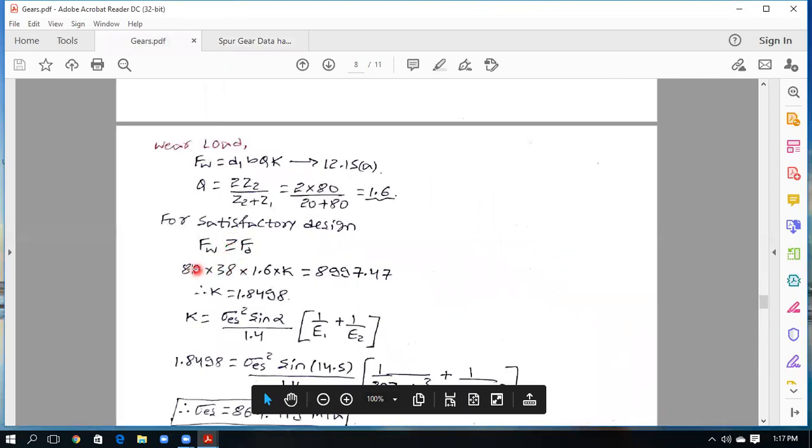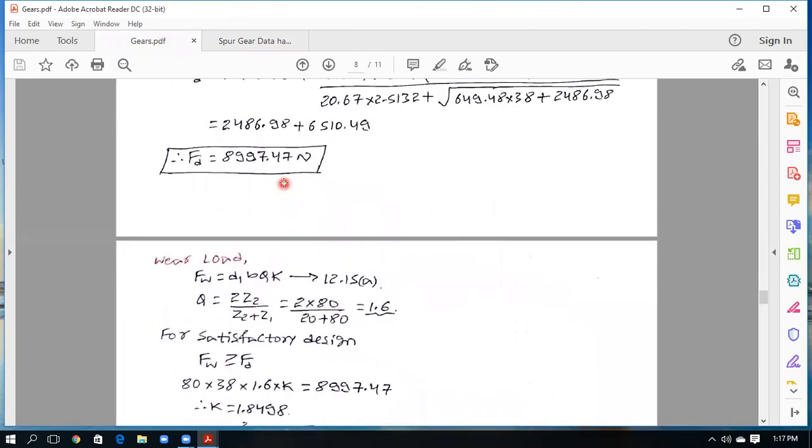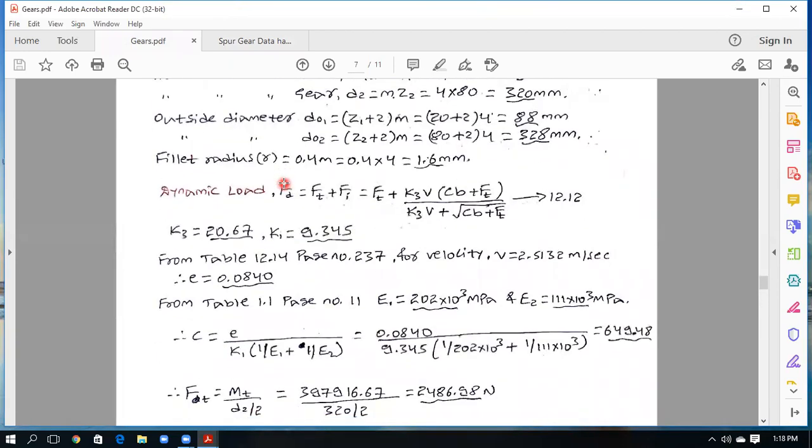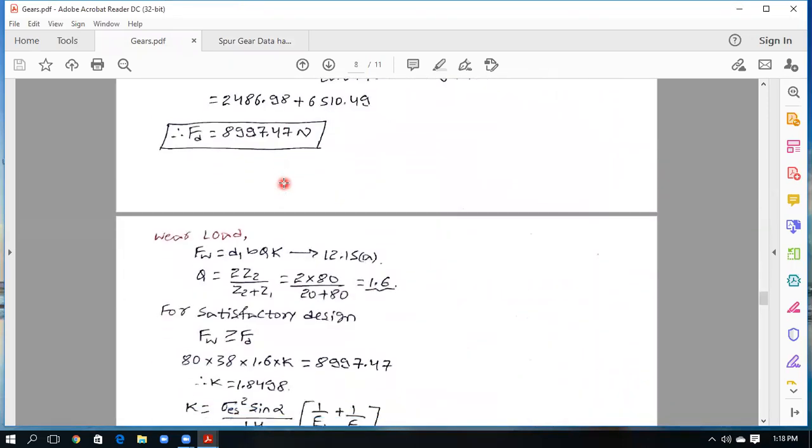Substitute the values: D1, the diameter of the pinion, is 80, B is 38, Q is calculated as 1.6, K is not known, keep it like that only, and this FD, the dynamic load calculated, is 8.99 kilo Newton.